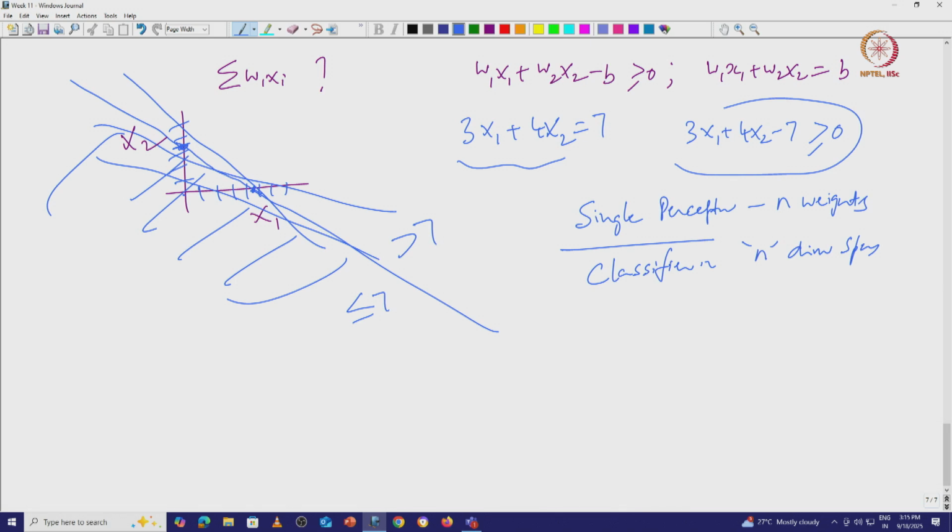So, now let us look at a simple problem where we have this situation. I have one data like this, I have data like this.